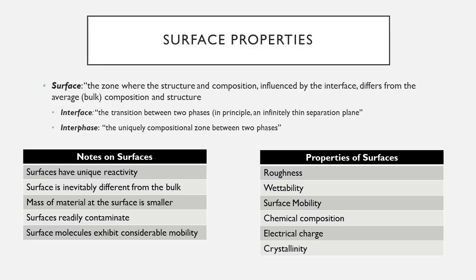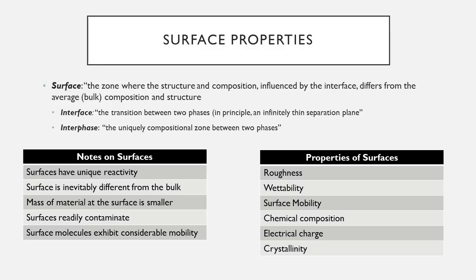Part of that is because the mass of material at the surface is so much smaller than the rest of the bulk. So if we have an oxide layer on the outside of steel or a metal, that might only be around 100 angstroms thick. So it's certainly not enough to affect the hardness, resilience, or strength of the material, but it certainly has its own properties that we have to look at that are, again, much different from the bulk.